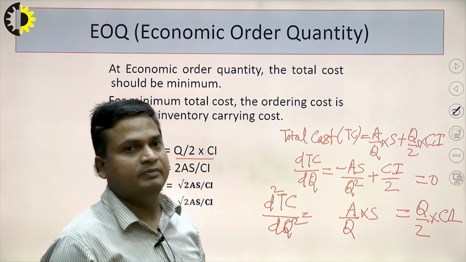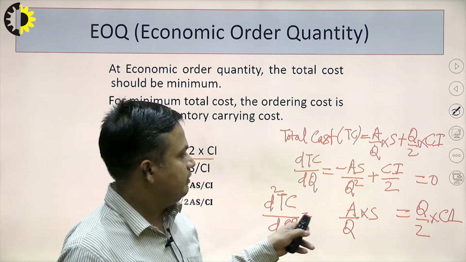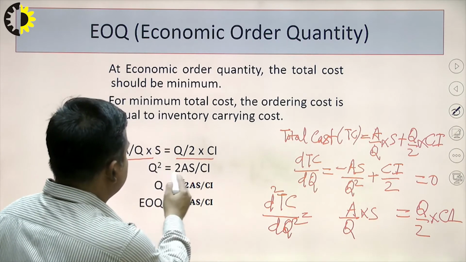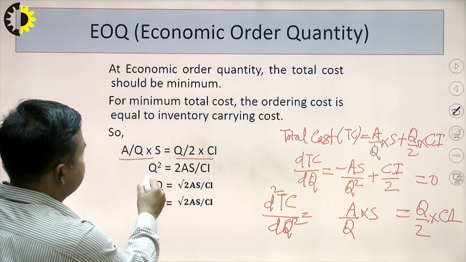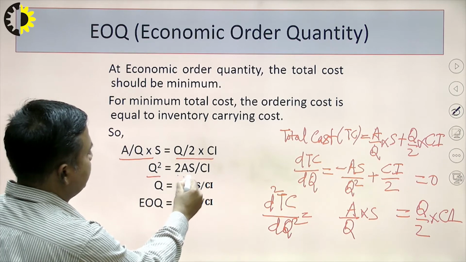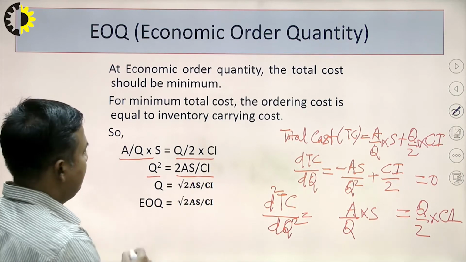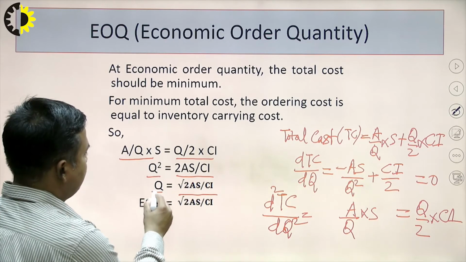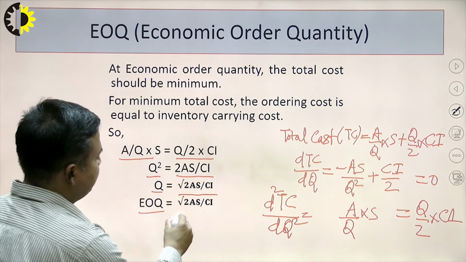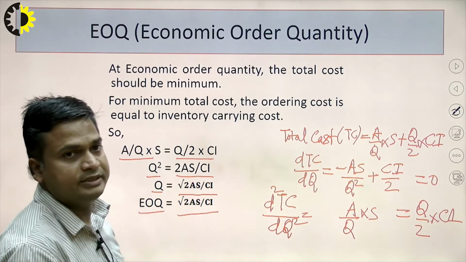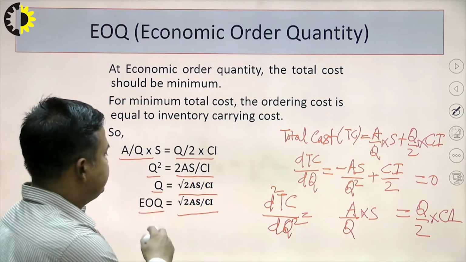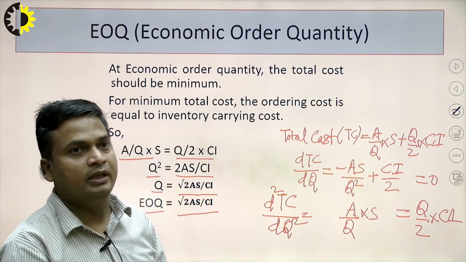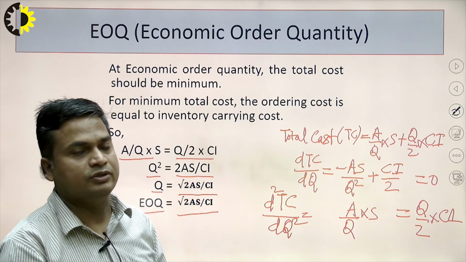So, this is the minimum, we will get the minimum value of Q. Now, by interchanging the values, we see that Q square equals 2AS divided by Ci, or Q equals under root 2AS upon Ci. Q is the economic order quantity, which is equal to under root 2AS divided by Ci. So, this is the economic order quantity at which the total cost is minimum, and the ordering cost and inventory cost are equal.